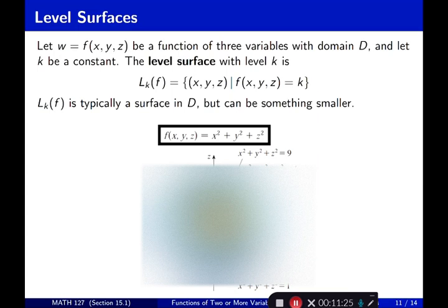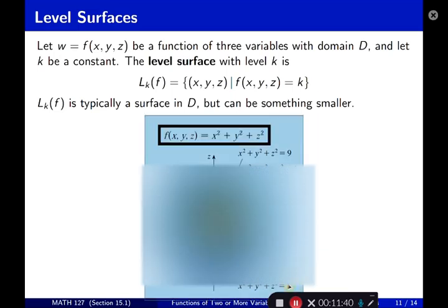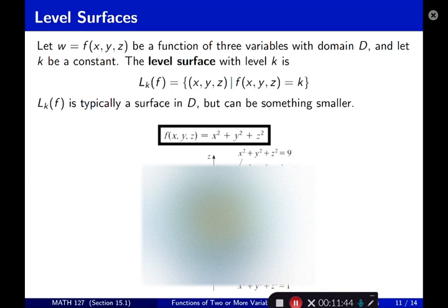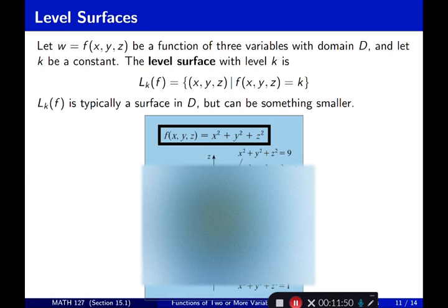So the function is a function of three variables. The example is a function of three variables. If I set the rule of the function equal to a constant, like here, x squared plus y squared plus z squared equal to 1, x squared plus y squared plus z squared equal to 4, x squared plus y squared plus z squared equal to 9, every time I get a sphere.